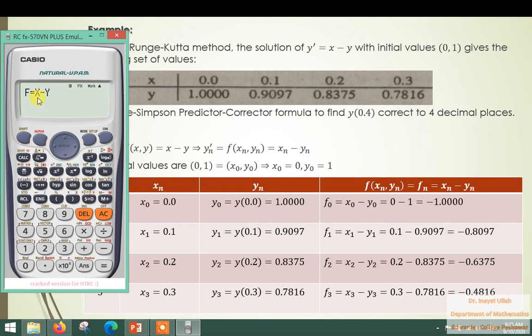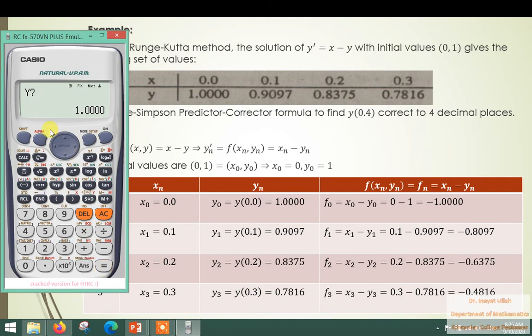So this function is now inserted in the calculator. You just need to press the calc button. It will ask you about the value of x. You see that the value of x is shown up to 4 decimal places, because we have fixed this calculator up to 4 decimal places. What is the value of x? The starting value of x is 0.0. Then press the equal button.